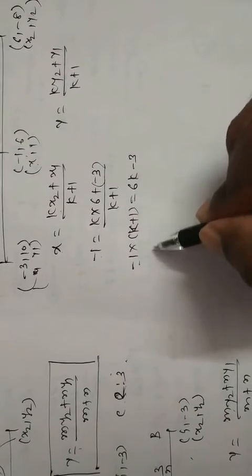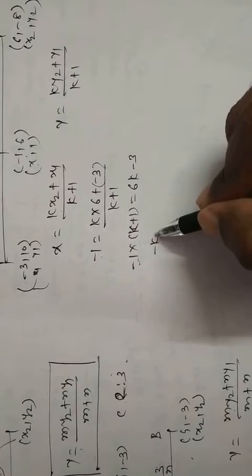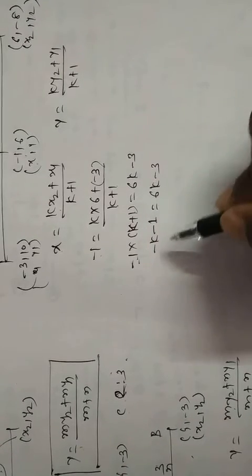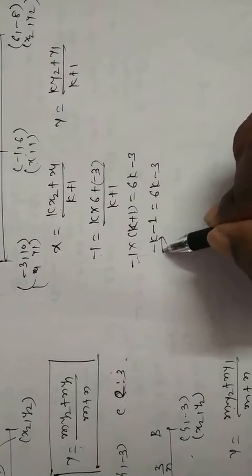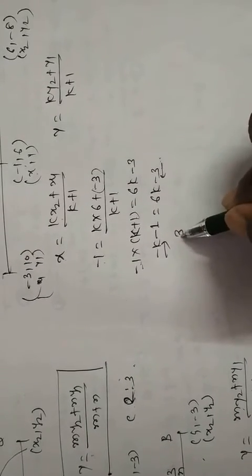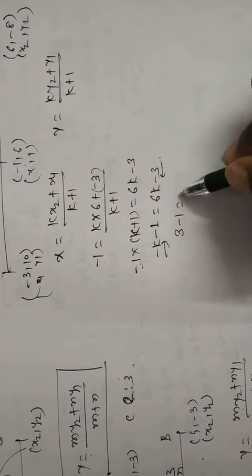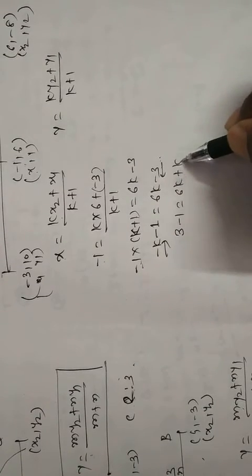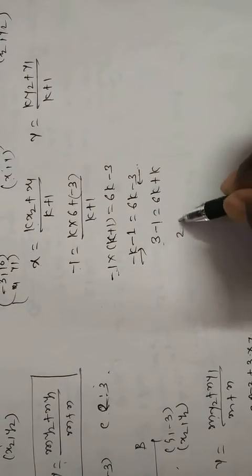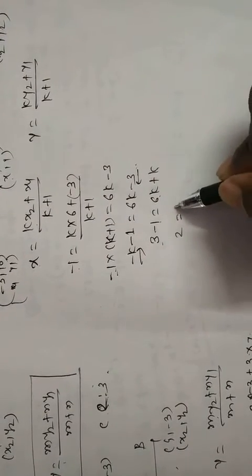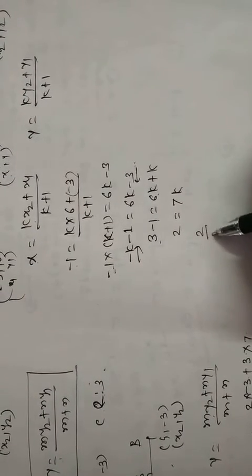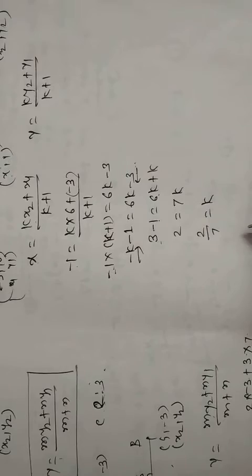Now -1 into k and -1 into 1 gives -k - 1 = 6k - 3. Shifting -k to that side and -3 to this side, -3 becomes +3, so 3 minus 1 is 2, and 6k plus k is 7k. Then it equals 2 by 7 of k.